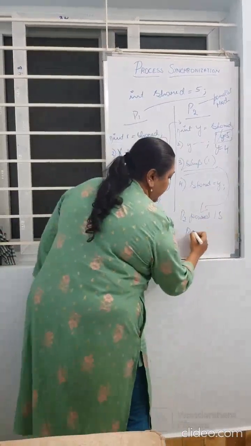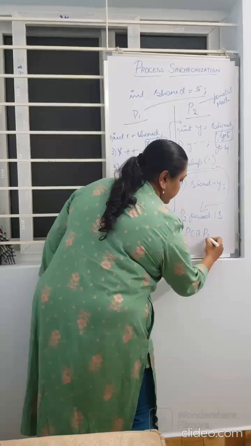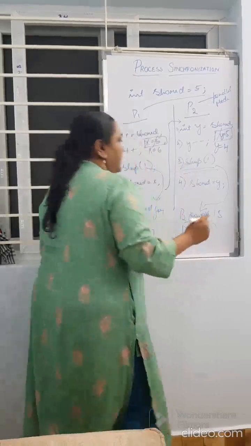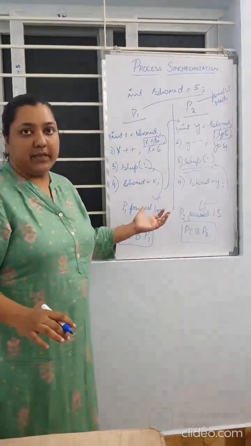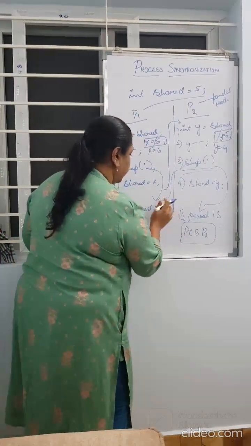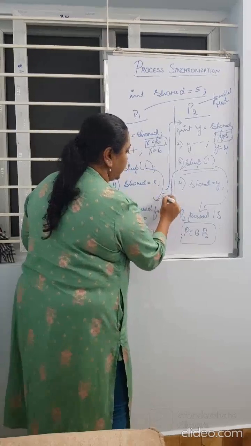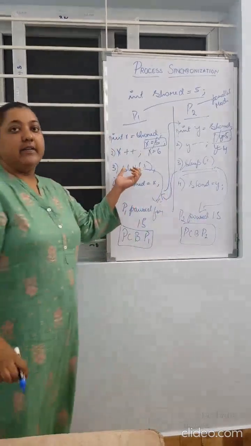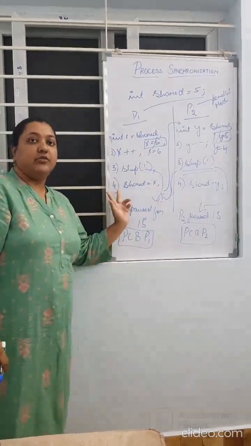What happens at that time? The PCB of P2 is being saved, and since 1 second has passed for P1, the CPU goes back to the process P1 and starts executing instruction 4.